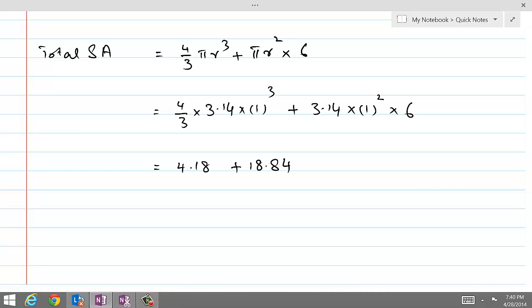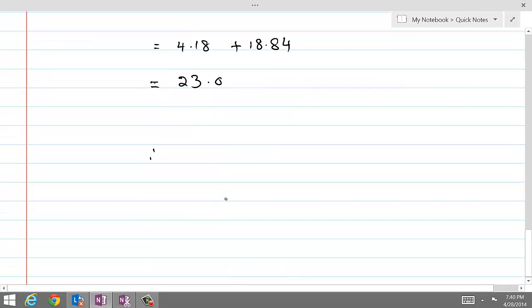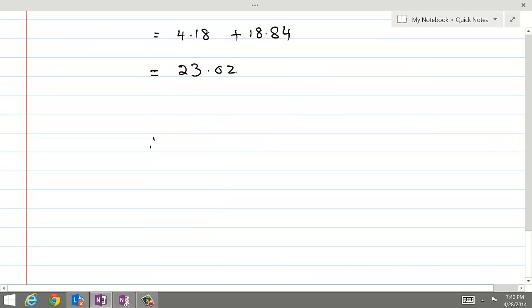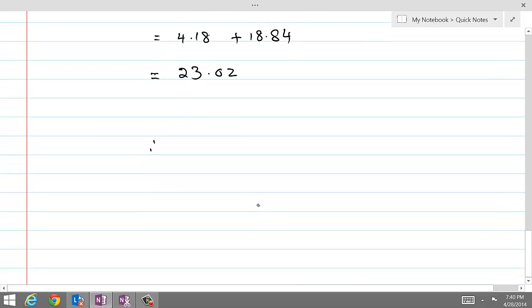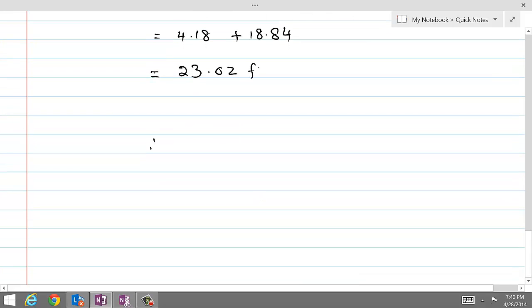When we add them together, what we get is 23.02. And because this is volume, this is going to be cubic feet.